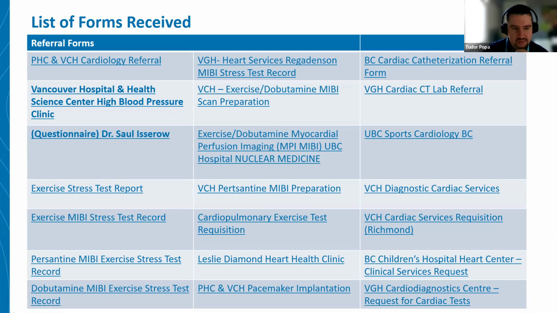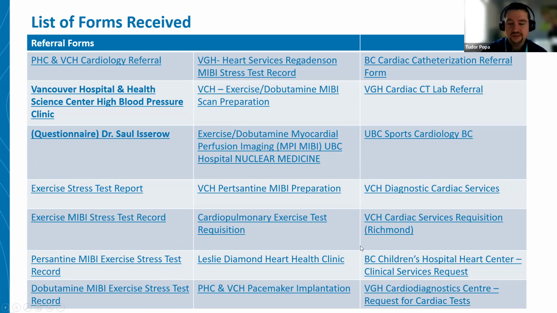And then the other ones we were curious about, there was a couple on the left bottom side. There's a couple of NBB stress test records, and we just want to double check that those are ever used. They look like the ones that were actually recording NBB. I know you said there's no procedures, but just wondering if you ever have to print them out for a certain area and then leave them in the chart.